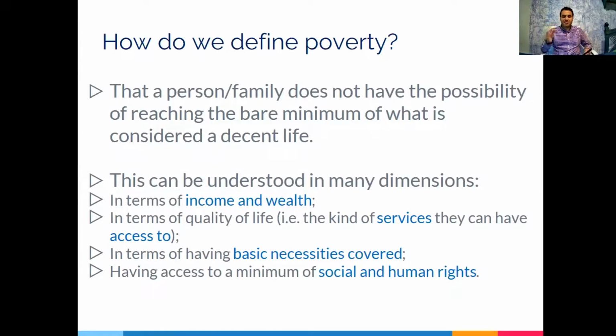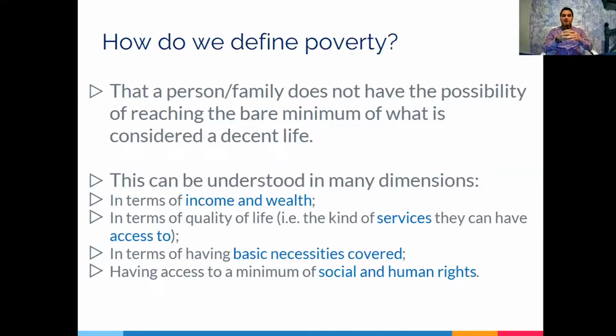And as Axel and others were discussing previously, this implies different dimensions and different things. Income and wealth, like having sufficient money to buy the things you need, but also the kinds of services that you receive or have access to, that your basic necessities are covered, health, security, as you were mentioning, and in general that you can actually have social and human rights.